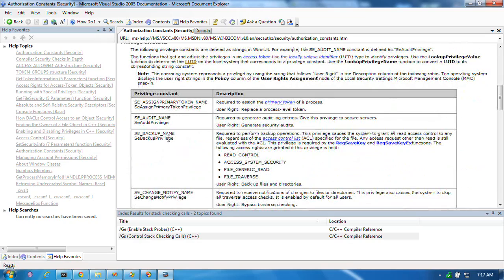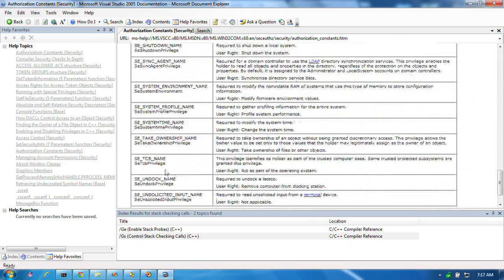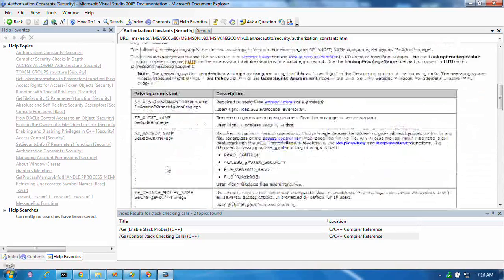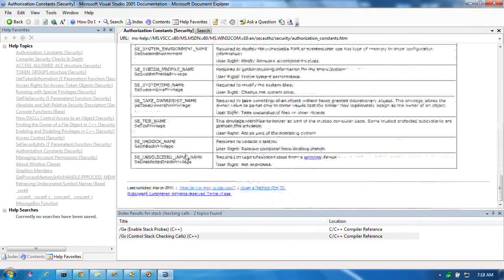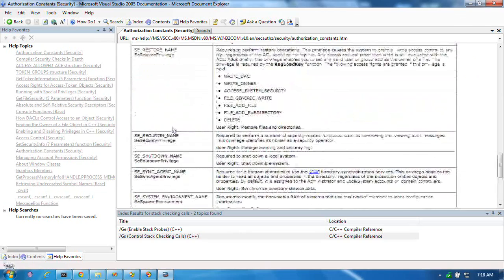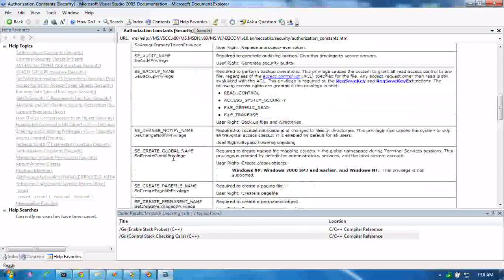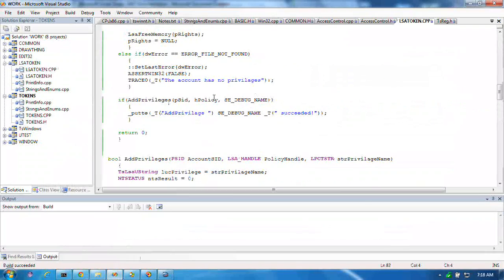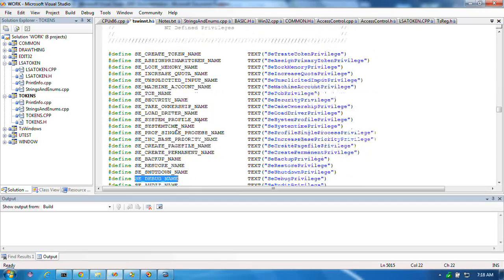Now, these are the standard privilege names that you find in the header files of winnt.h or winsecurity.h or whatever header file they're in. They don't tell you, but it says somewhere. And these are all string values. I have here they are in winnt.h.